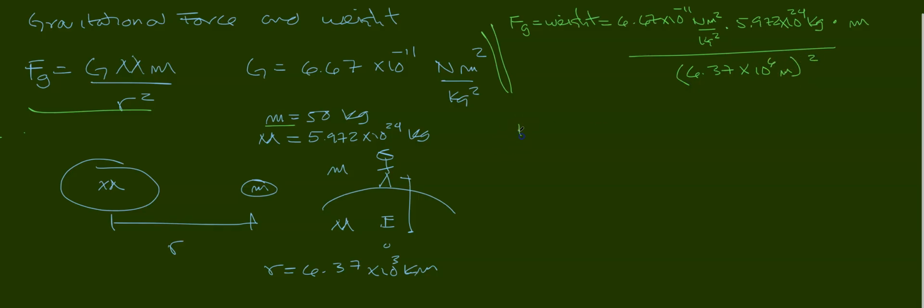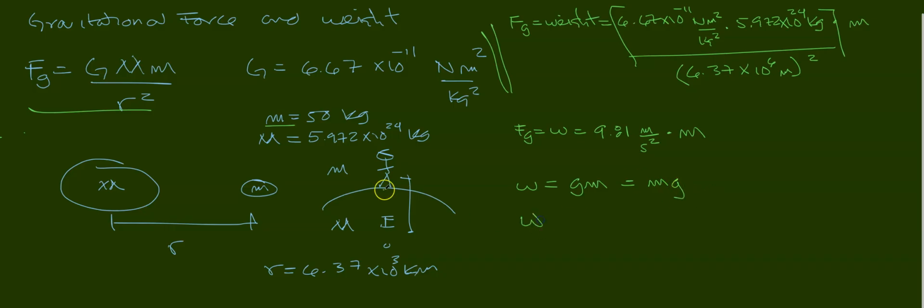And what you're going to get is that the force of gravity, or the weight, is this number times the mass. And if you multiply all this, you're going to get 9.81 meters per square second, which is exactly what Galileo found experimentally. And you did too in the lab, times the mass. So this is going to be gm, the weight, or as we usually say, mg.